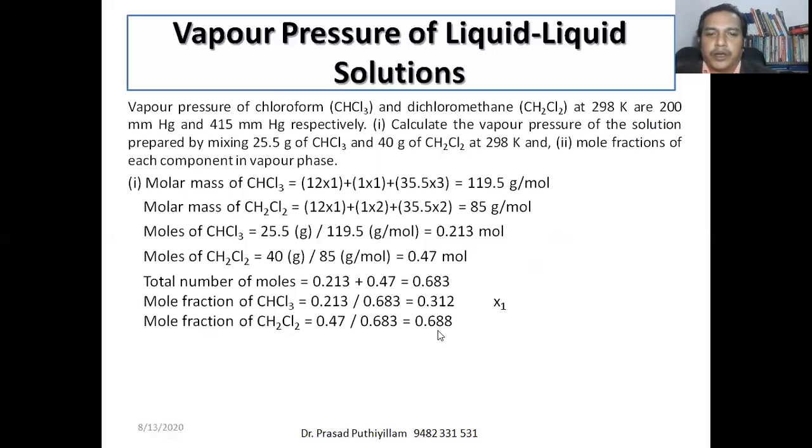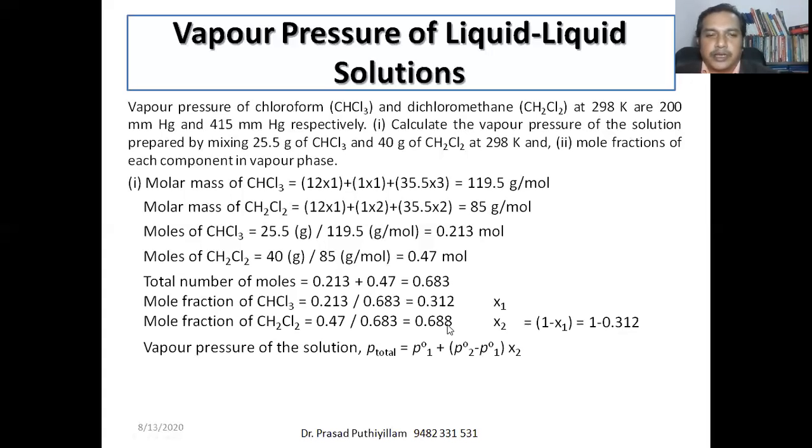We get 0.688. This is treated as x2. It can also be calculated as 1 minus x1, because x1 plus x2 is equal to 1. Then also we get 1 minus 0.312, that is 0.688.